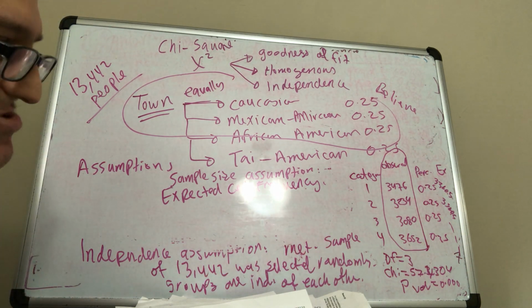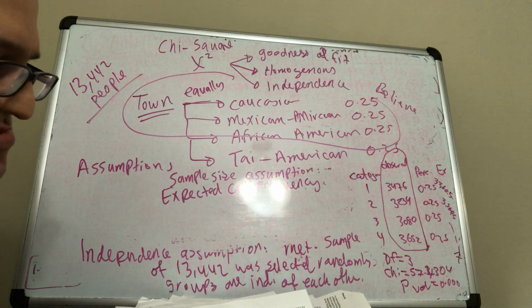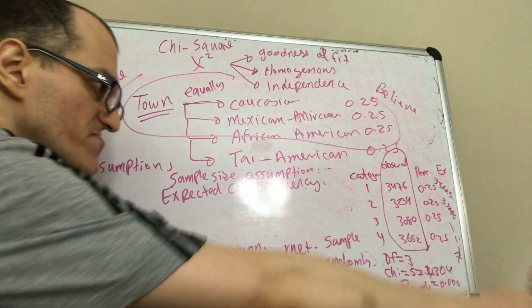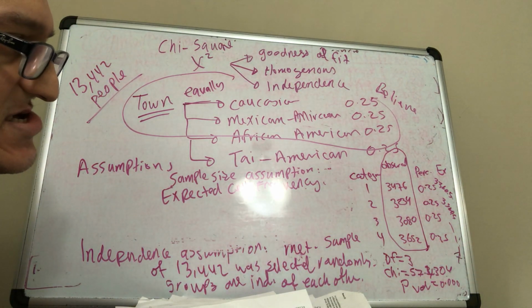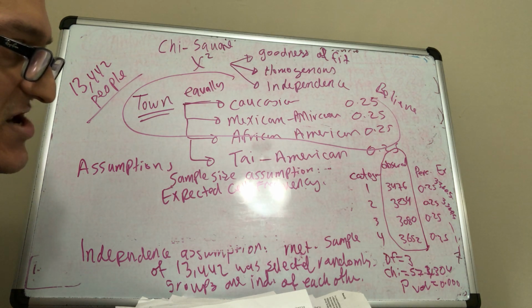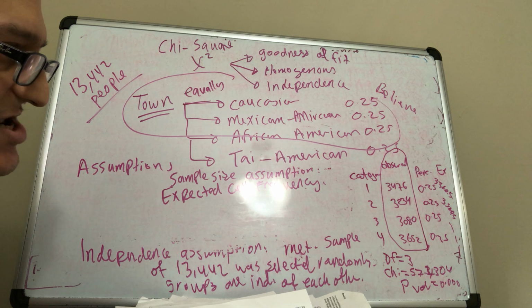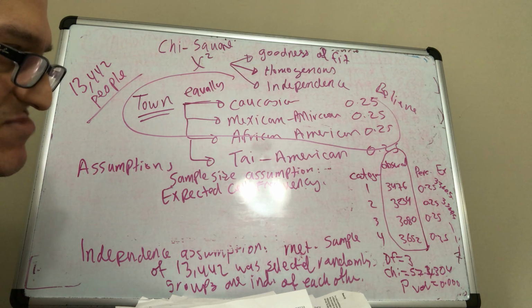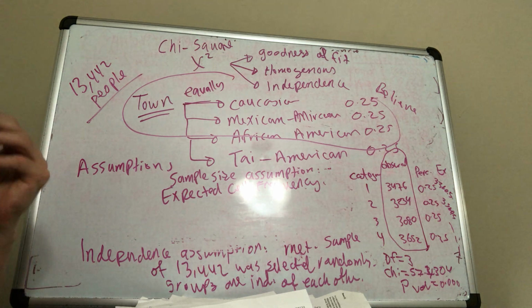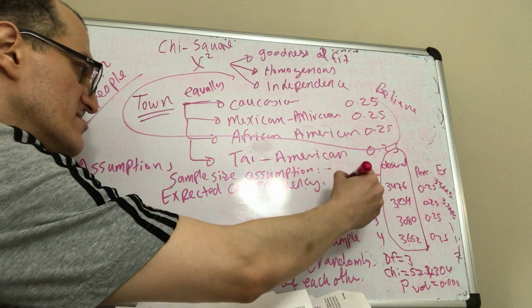Now, is the sample large enough? What they did was look at the expected number. In this case, you have the same expected number for all four, 3,360.5. Is this number more than 5? Then yes, condition met.